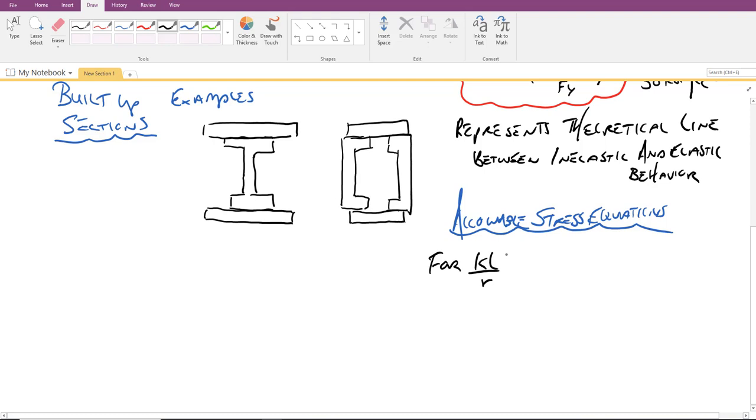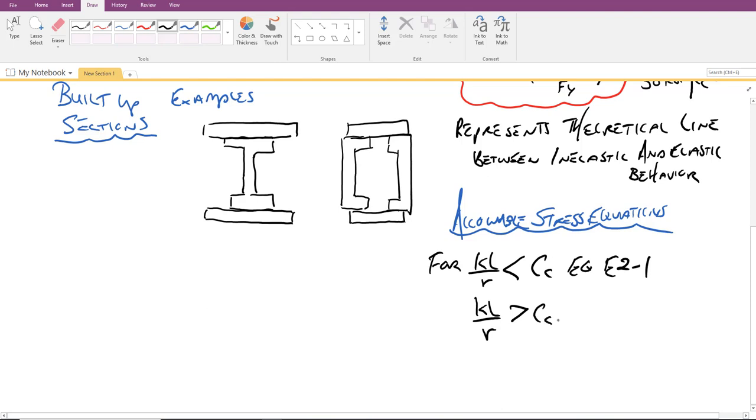But when you're looking at this slenderness ratio, if it's less than C sub C, in your textbook on page number 458, there's equation 2-1 that we would utilize. Now I'm going to write it here because it's quite a complicated equation, but you can see that in your textbook. If we're dealing with a KL over R ratio that's greater than C sub C, then there's a different equation.